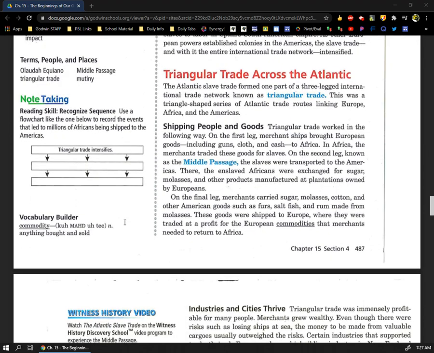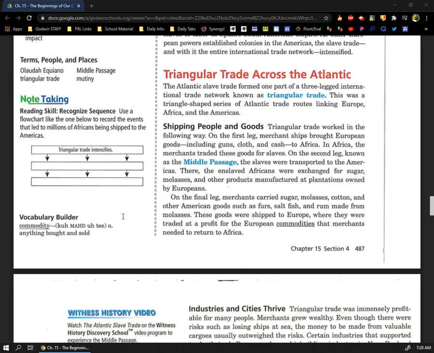Shipping people as goods. Triangular trade worked in the following way. On the first leg, merchant ships brought European goods, including guns, cloth, and cash, to Africa. In Africa, the merchants traded these goods for slaves. On the second leg, known as the Middle Passage, the slaves were transported to the Americas.